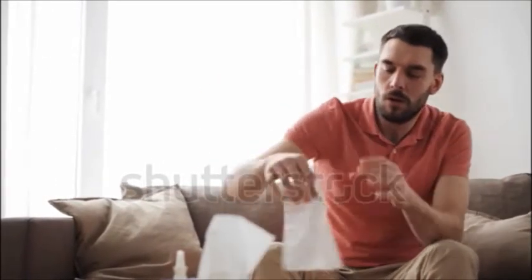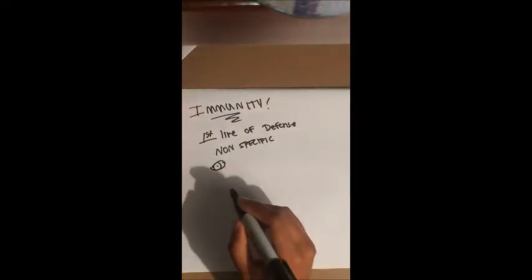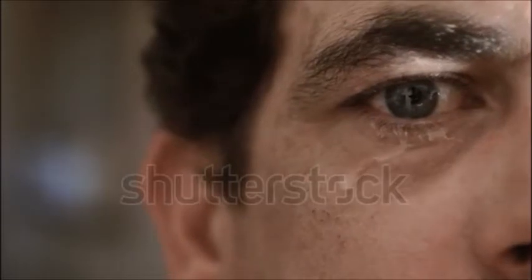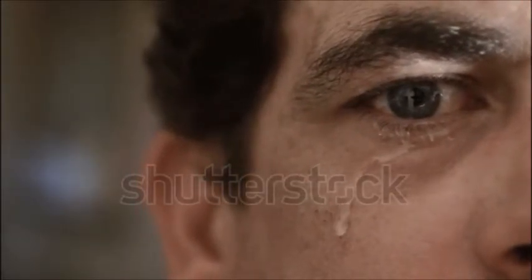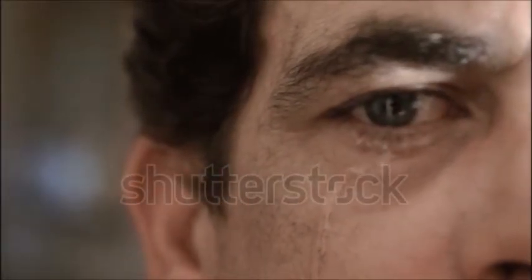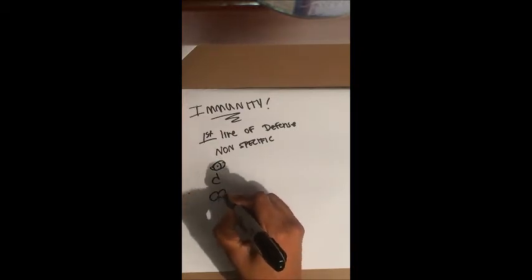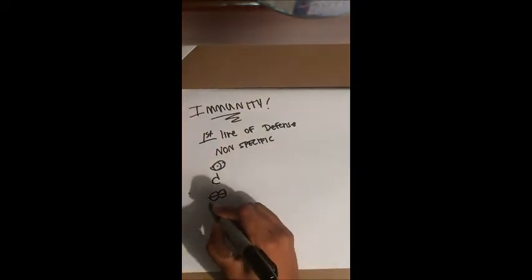Now we're going to get into the mucous membranes, which are the moist places and they're easier to penetrate. Things such as your eyes. Your eyes have tears, which wash away microorganisms in the eye, and they contain lysozyme. The next thing you have is your nose, which has hairs and mucous membranes, which trap dirt and bacteria.